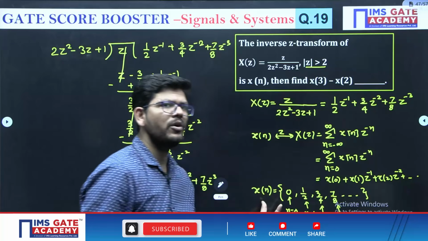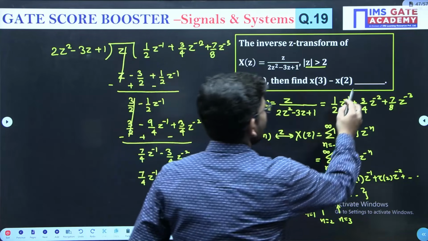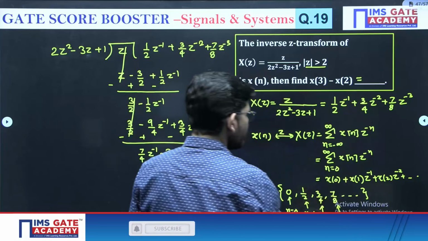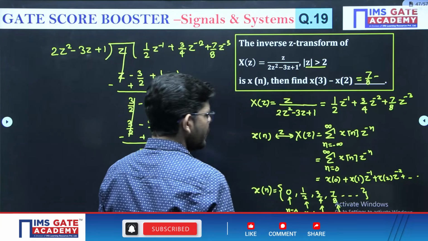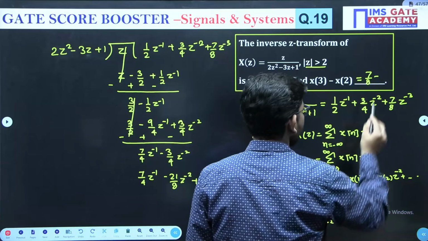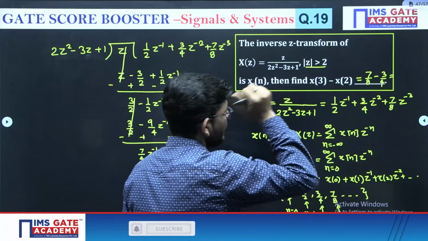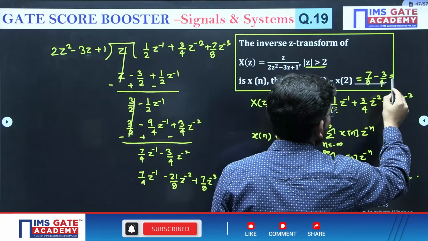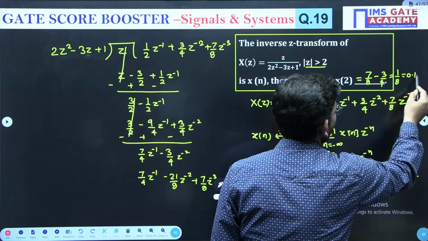So in this way you got the value of x of 3 minus x of 2. So what is x of 3 minus x of 2? X of 3 is 7 by 8, x of 2 is 3 by 4, right? So how much will we get? We will get 7 minus 6, that is 1, 1 by 8, or 0.125.